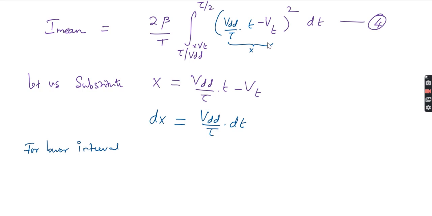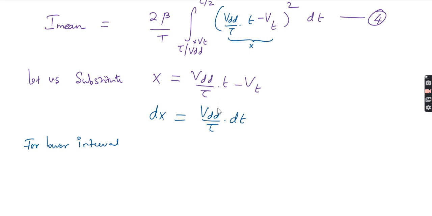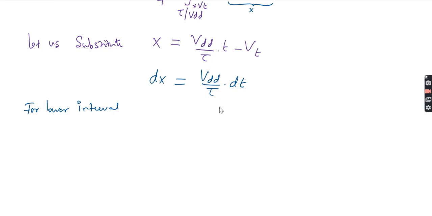Now for the new interval, you take this only. X is equal to VDD by tau into t minus Vt. Now the same way, because we got the dx, x is our new lower interval.